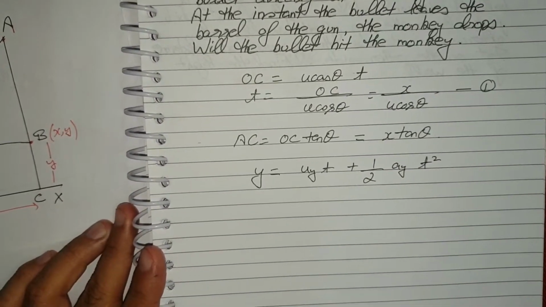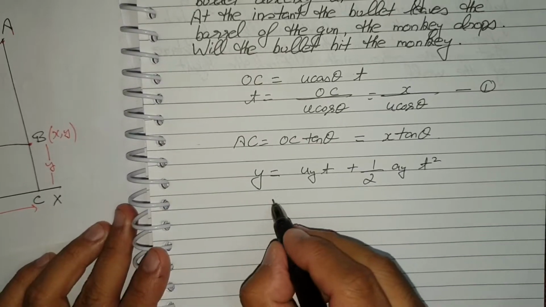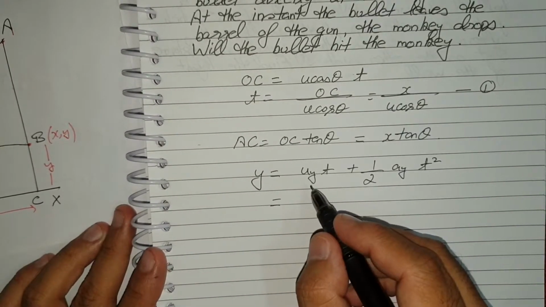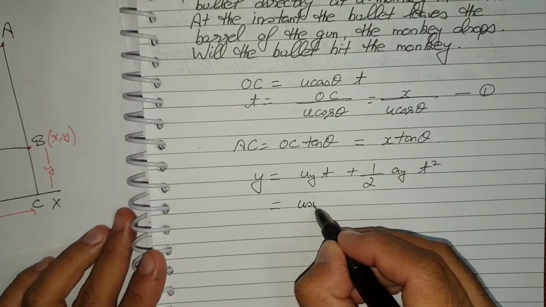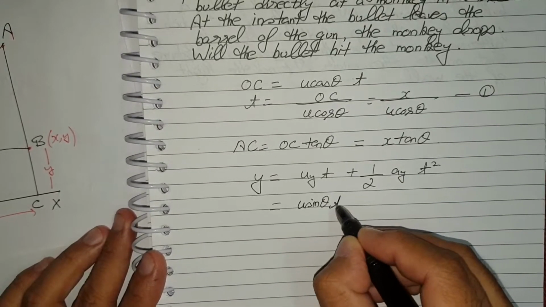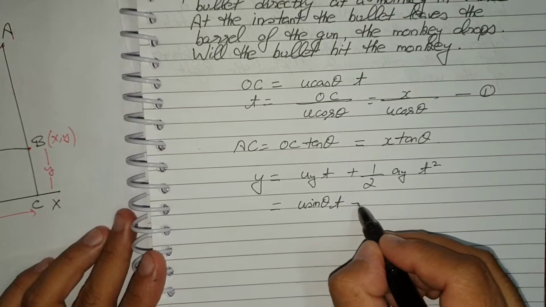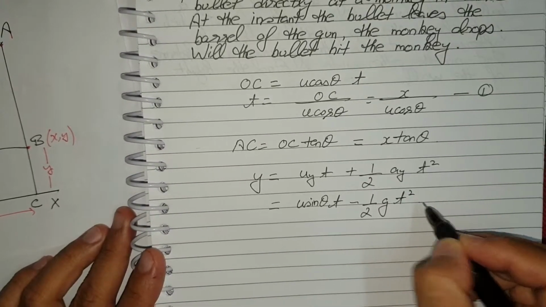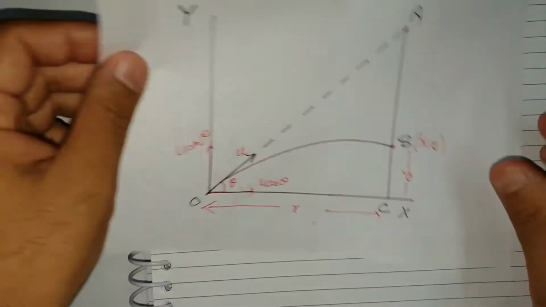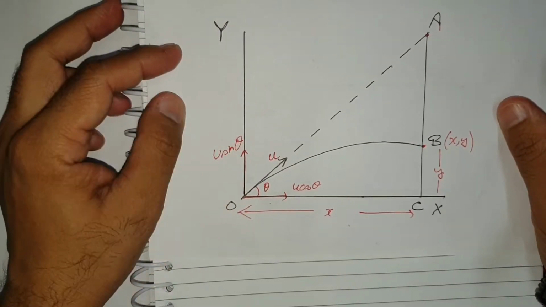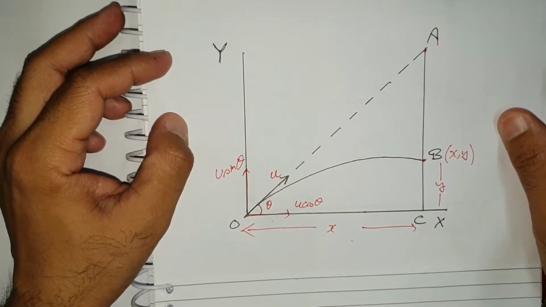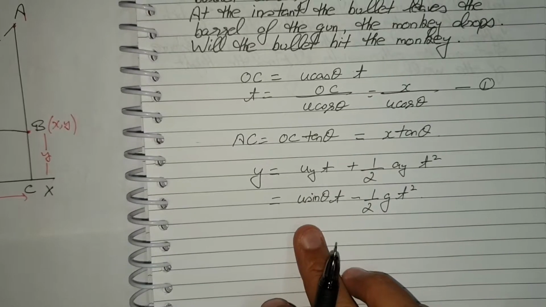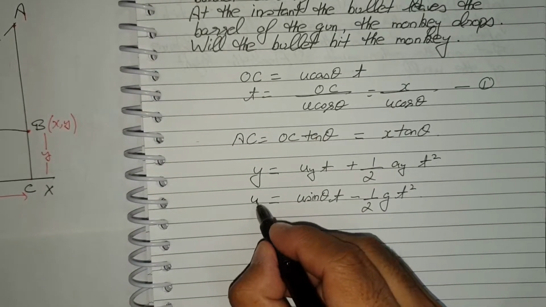Initial vertical velocity uy is u sin theta. So this is u sin theta t, and g is negative because downward direction is positive and the bullet is going in the upward direction. U sin theta t minus half gt square, this is y.